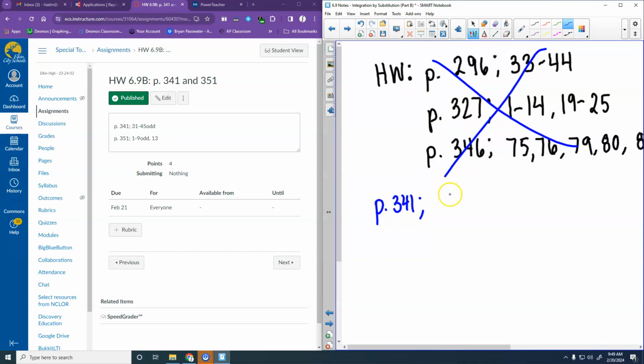Let's do 33 through 43 odd. That's going to have your trig and your e stuff in it. And then to get the natural log stuff, we got to go to 351.